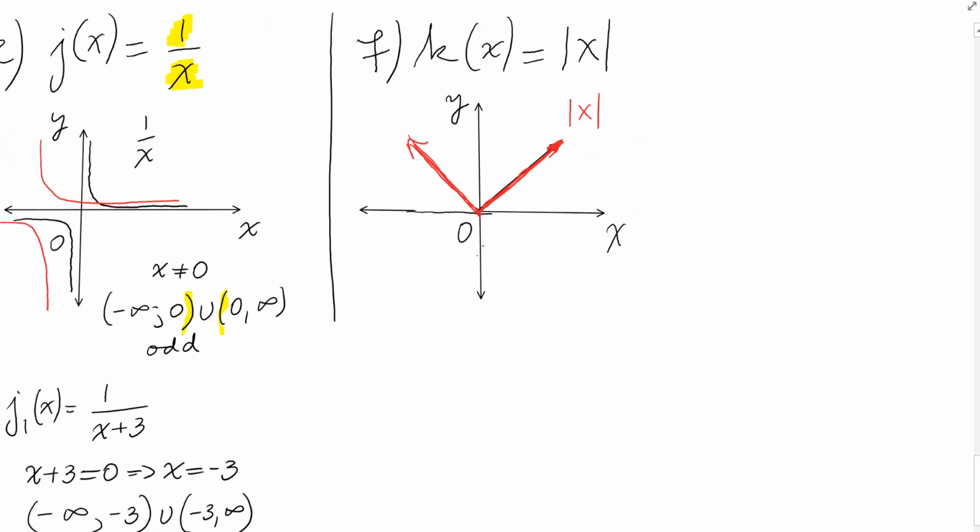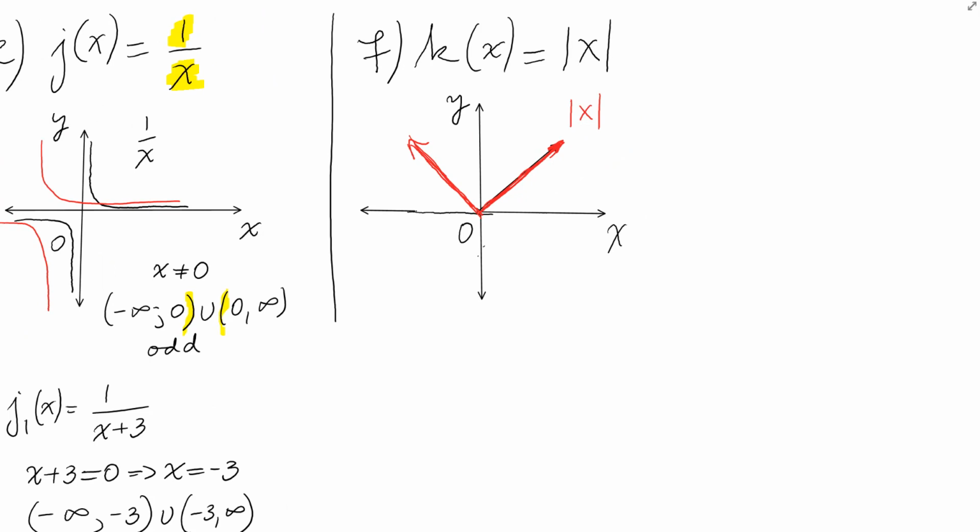Okay, and let's take a look at the last one, another popular function, which is the absolute value of x. When we look at the domain, it has no restrictions, so -infinity, infinity. This function is symmetrical with respect to y, so it's even. Again, it has the x-intercept and y-intercept at the origin.